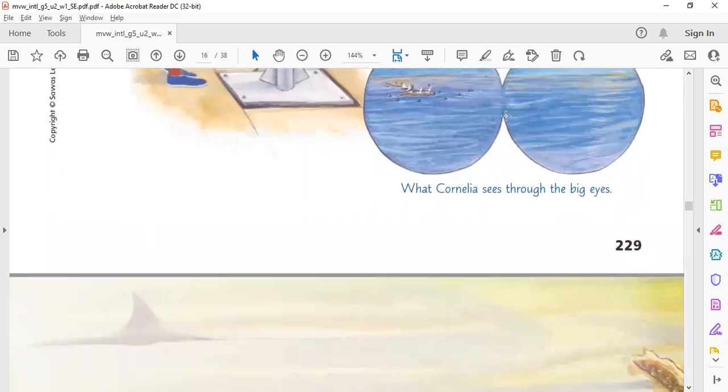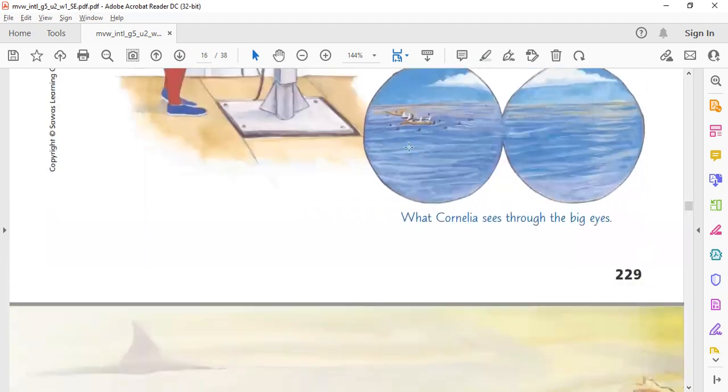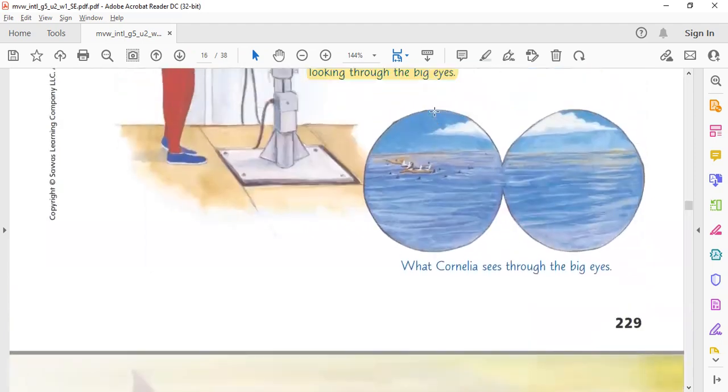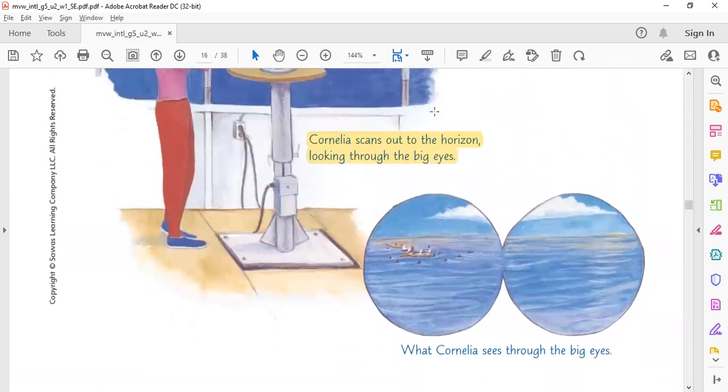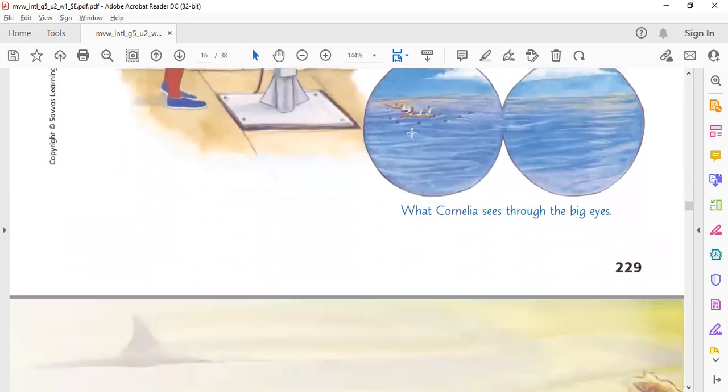And on the right here, as we can see, we see what Cornelia sees, the fins of the dolphins.